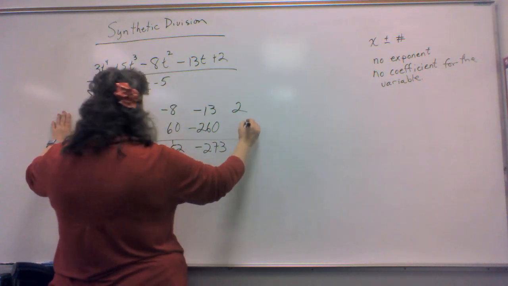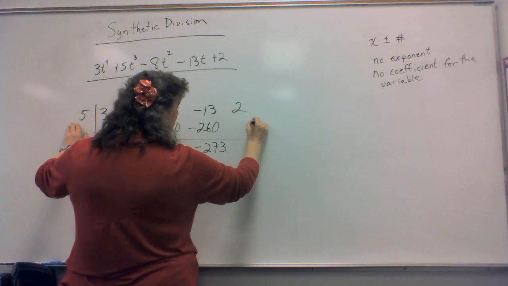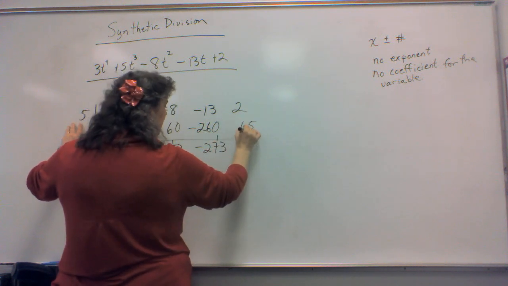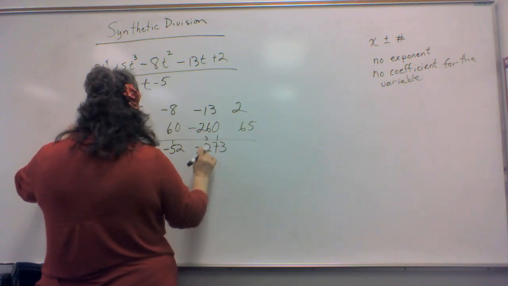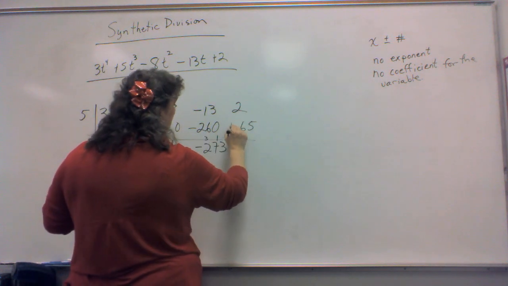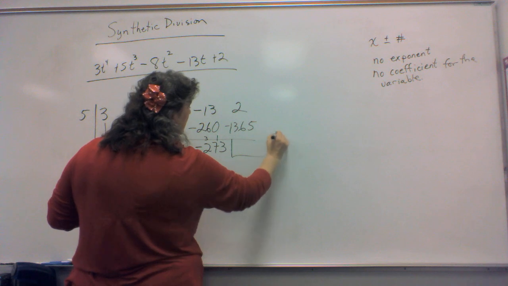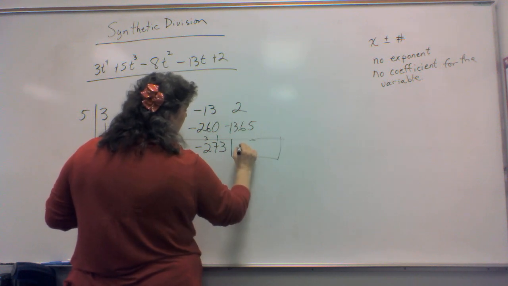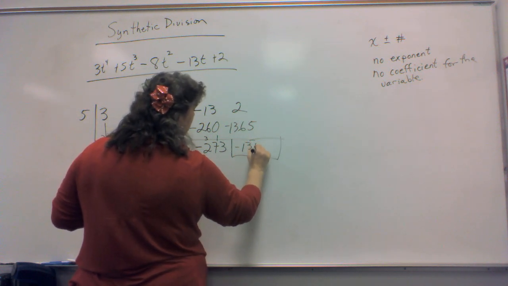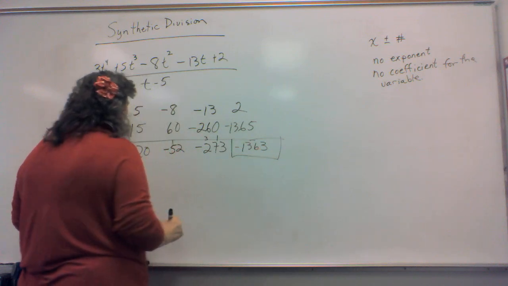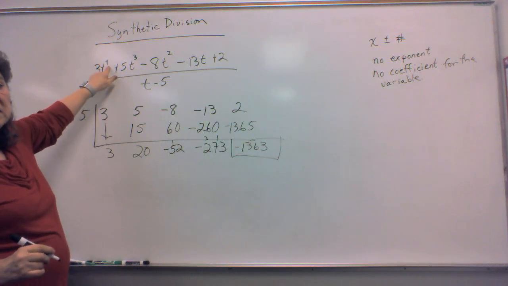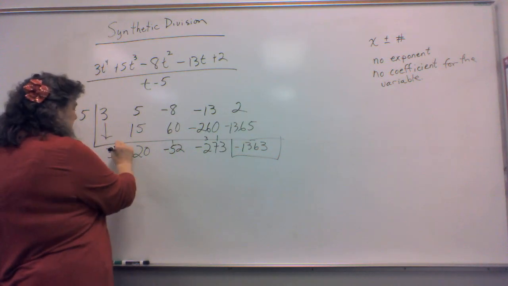Times 5 again, it's going to be big, is 1365, and adding 2 gives me a remainder of negative 1363. Okay, so 1 less than the t to the 4th gives me t cubed.